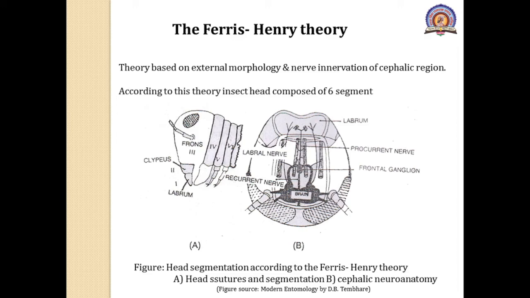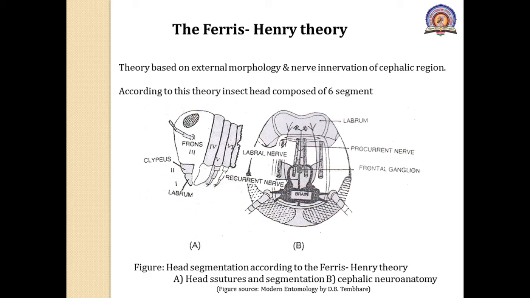The eyes and antennae are prostomial in origin, and according to Henry, he asserted that the ganglion as a rule innervates the same segment to which it belongs. This means they have taken into consideration the plan of the typical annelids.